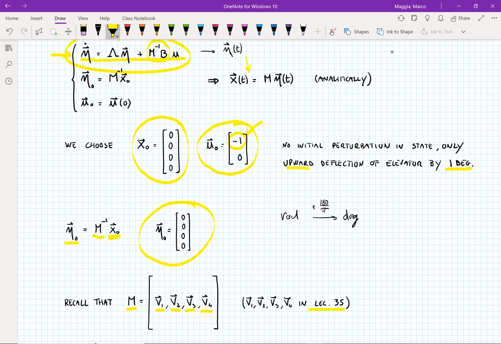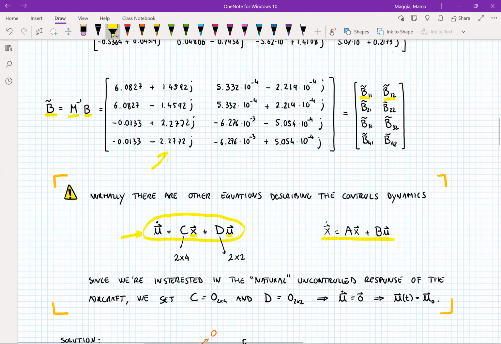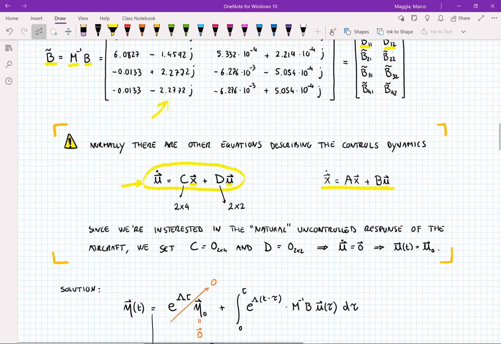U0 is the initial perturbation in the control, and we're going to assume that that remains static, so that -1, so the deflection upwards of the elevator remains constant. And so we want to see how the aircraft behaves if the elevator remains stuck at -1 degree. So we want to see how the state develops. So we're not really concerned about the control response.